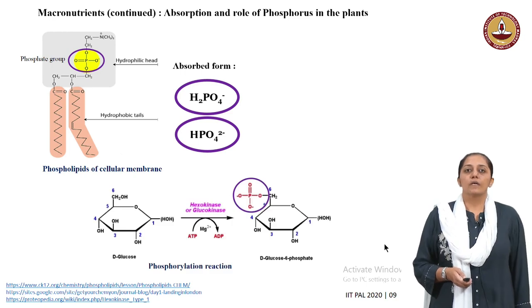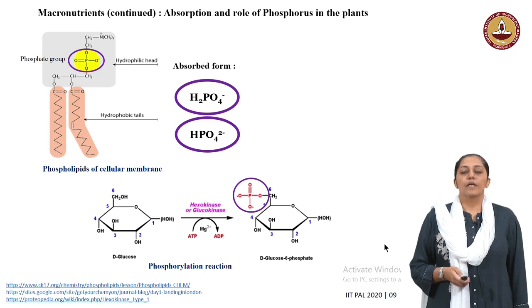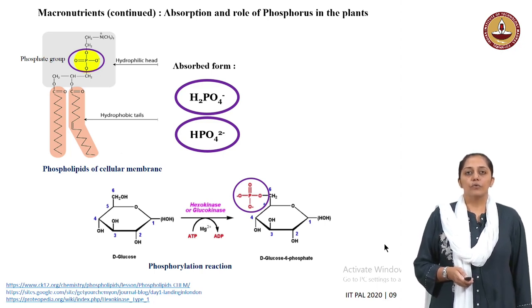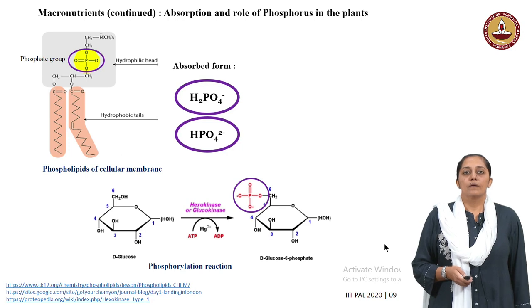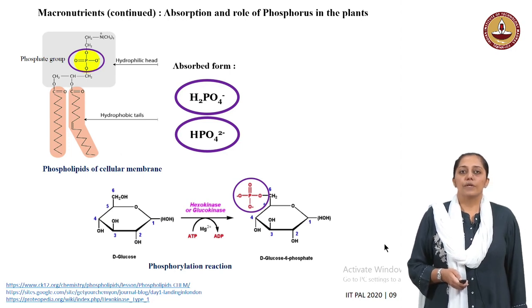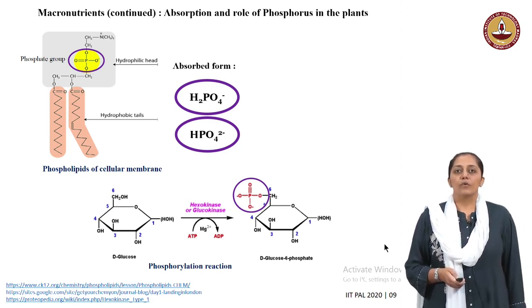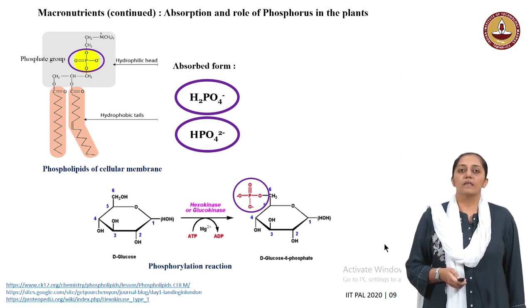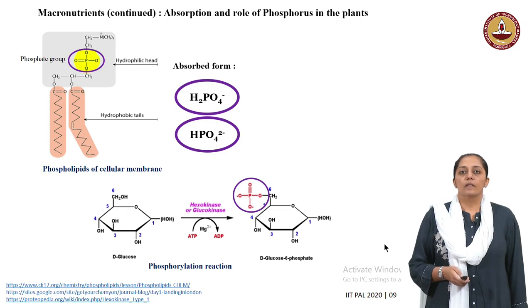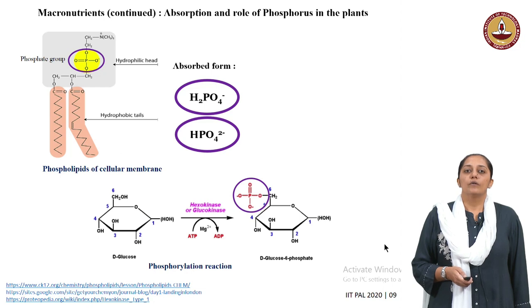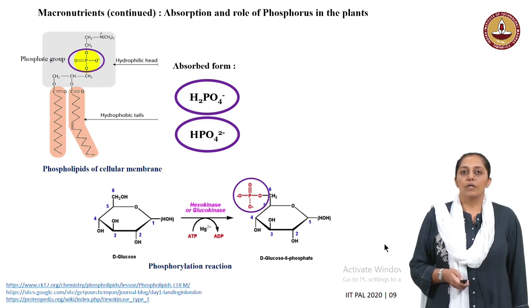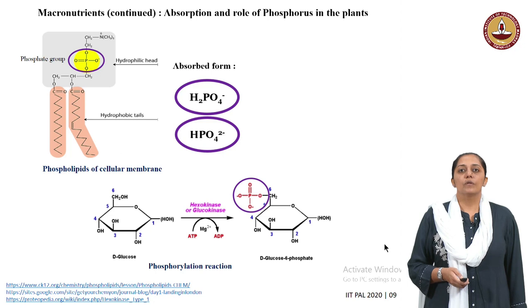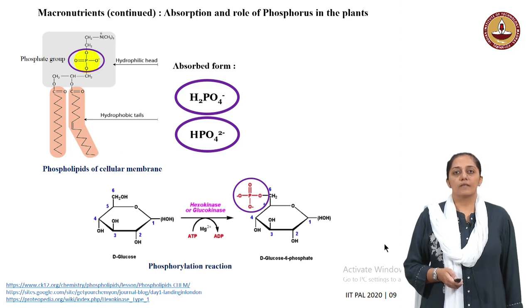So, phosphorus is also included in biochemical reactions involving addition of phosphate groups. An example is shown here where hexokinase or glucokinase is involved in the addition of a phosphate group to D-glucose molecule, converting it into D-glucose 6-phosphate.